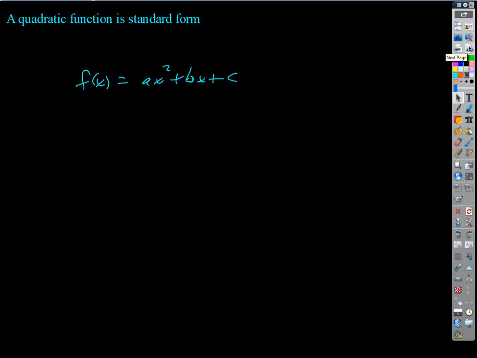Well, we're just going to walk through how we do arithmetic with them today. It's really simple. If we look at something like this, we've always called that a quadratic function in standard form, right? And it is, but what is it also? It's just a polynomial, isn't it? It's a trinomial, a third degree polynomial.